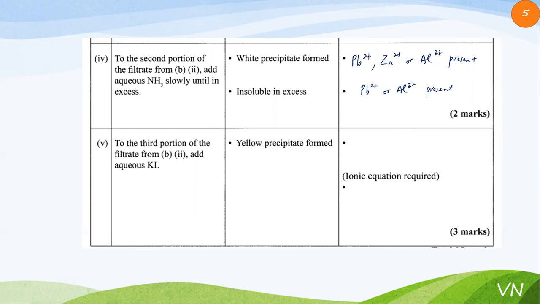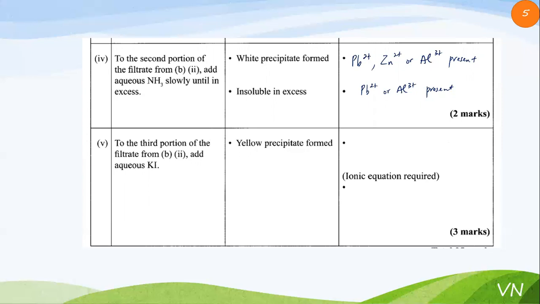So once we have either lead or aluminum ions present, our next test, and you'll notice that from most of the papers here and from experiments being done in school, is that we'll add either potassium iodide or sodium iodide. I mentioned that just now. A yellow precipitate will confirm that it is lead 2 plus ions present. And if we do not have that yellow precipitate, then we'll conclude that it is the aluminum 3 plus.